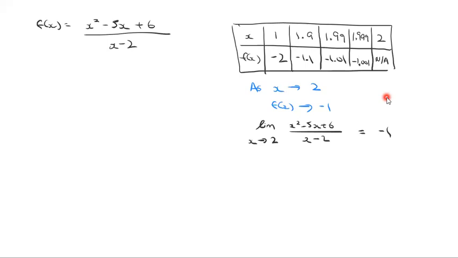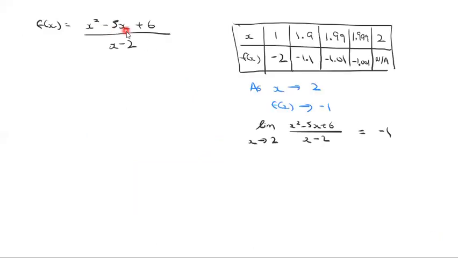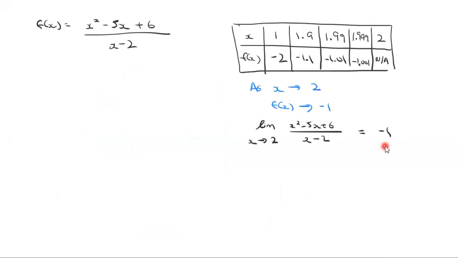But to give you the idea, this is where a limit becomes more useful. You can't just sub in the number, you get something nonsensical. But there is an answer. The answer is minus 1. Can you see that?